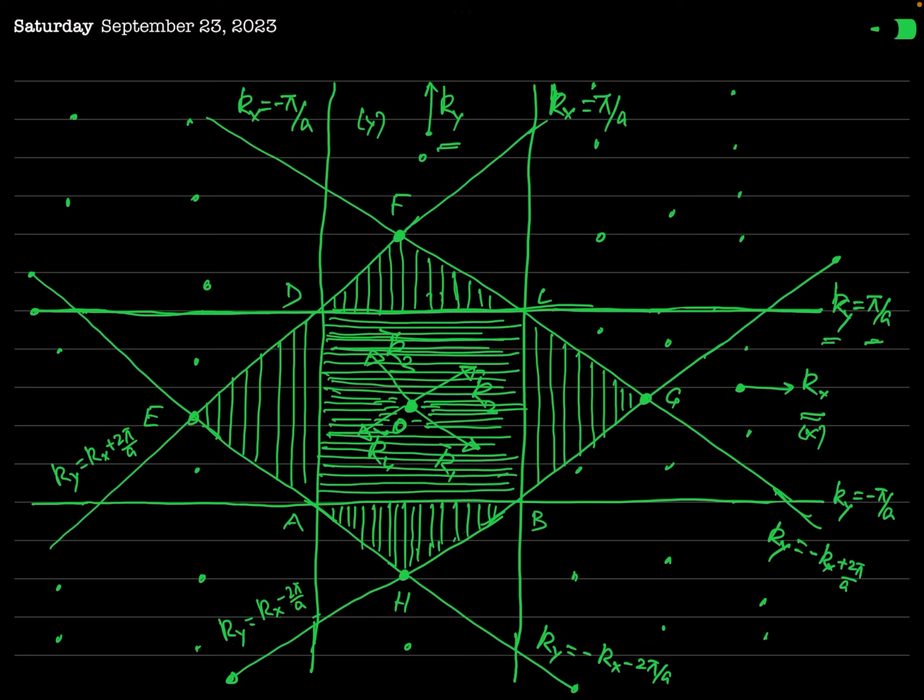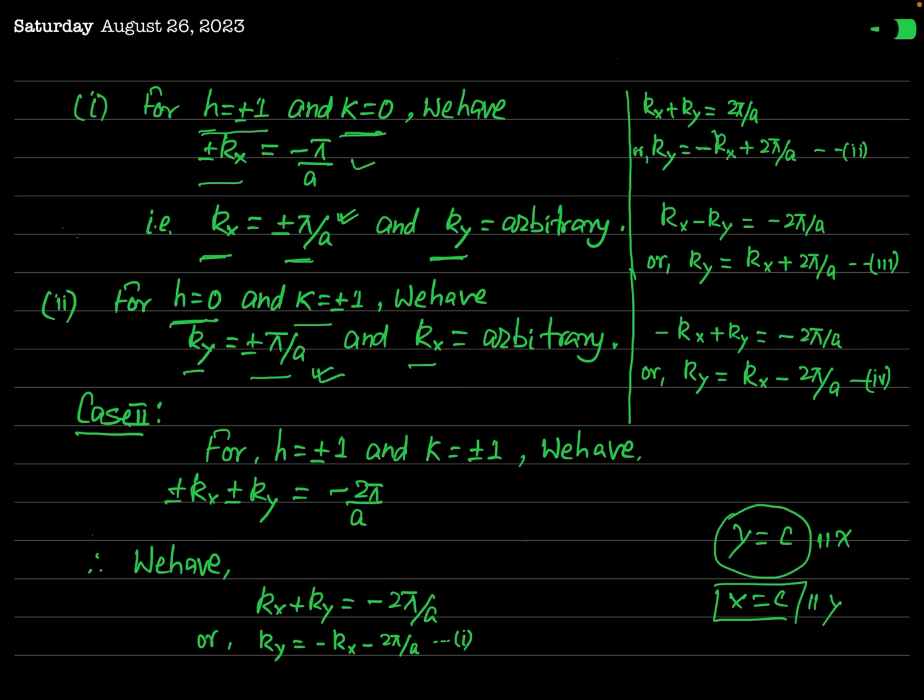So the straight line which I am marking here by P1, P2 represents the line kappa y equal to pi by a. You can check it. Similarly, this line Q1, Q2, see the figure, represents the straight line defined by the equation kappa y equal to minus pi by a. Now the remaining two equations are what?